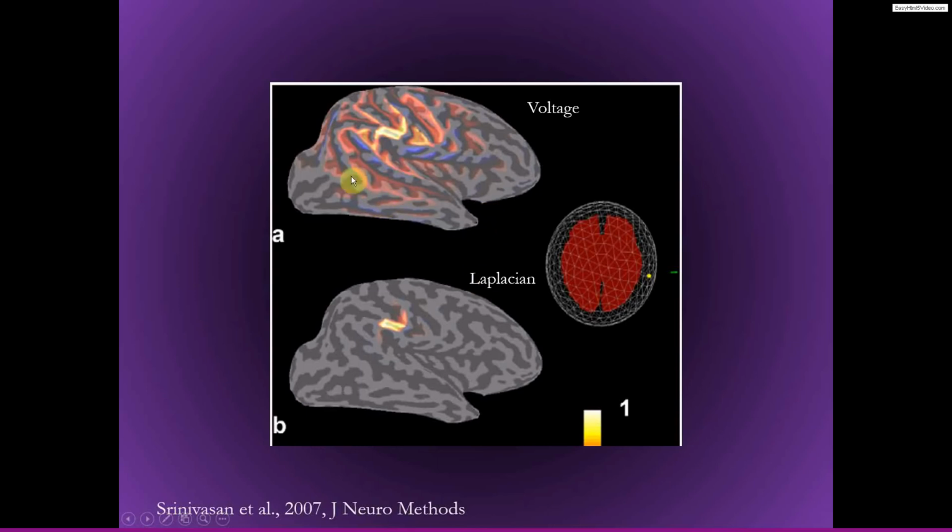Basically we're going from a situation where each electrode measures activity from a considerable portion of the brain to a situation where each electrode is maximally sensitive to activity from a relatively restricted part of the cortex, mainly coming from the gyral crowns of the tissue that is closest to each electrode.